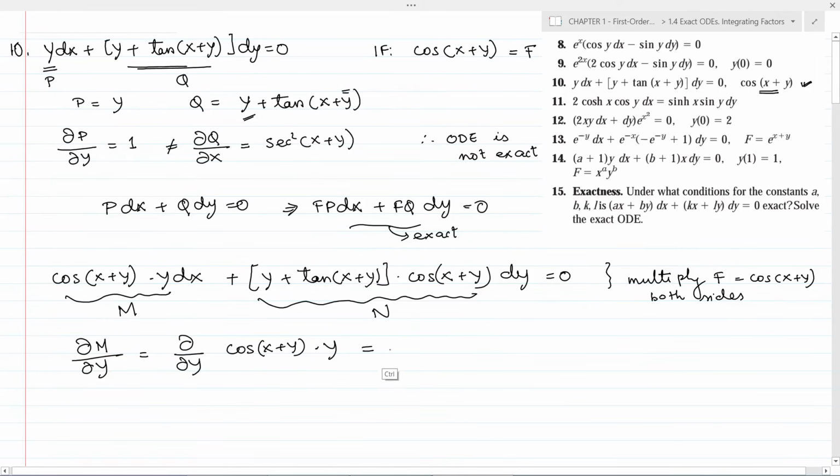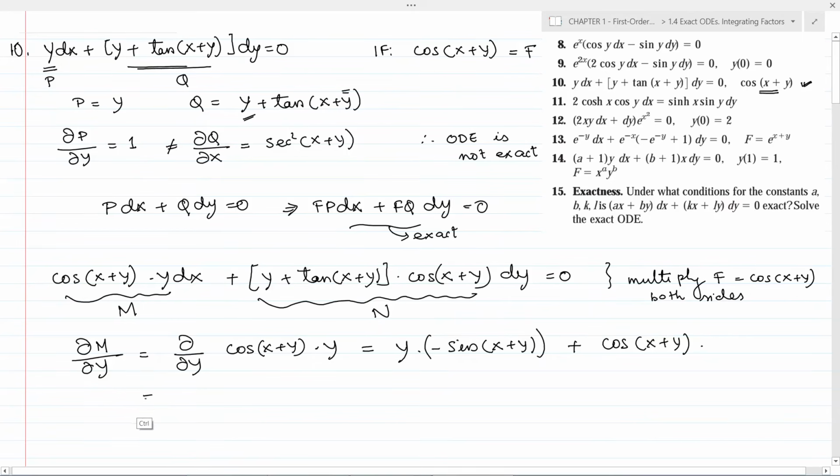So, we will use the product rule of differentiation and we get y multiplied by the derivative of cos(x plus y) with respect to y, which will be minus sin(x plus y) multiplied by the derivative of the inside term because of chain rule, which is 1, plus cos(x plus y) multiplied by derivative of y, which is 1.